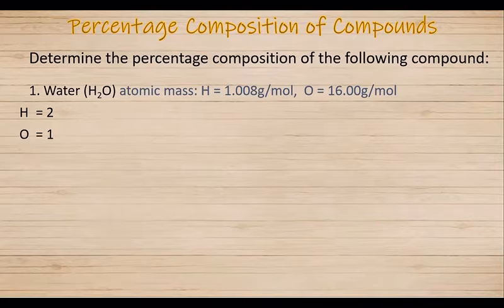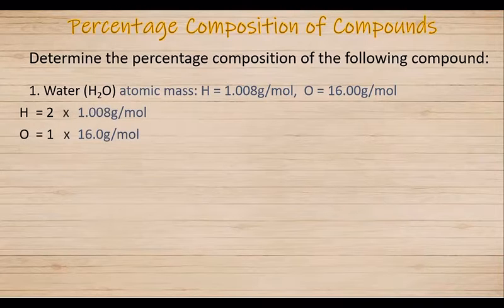In here, the atomic masses of both of these elements are given. The atomic mass of hydrogen is 1.008 gram per mole, while the oxygen is 16.0 gram per mole. After identifying the elements and their atomic masses, let's now get the molar mass of each element and the whole compound by multiplying the number of atoms of each element to its atomic mass.